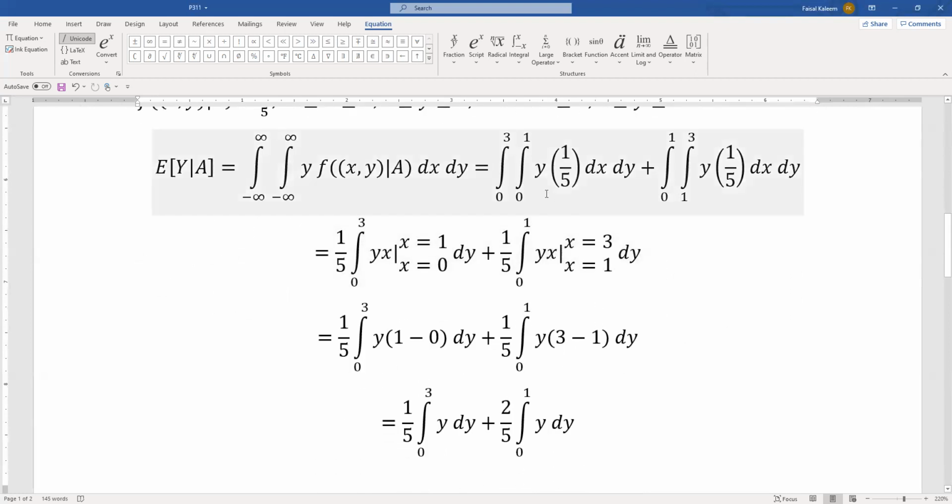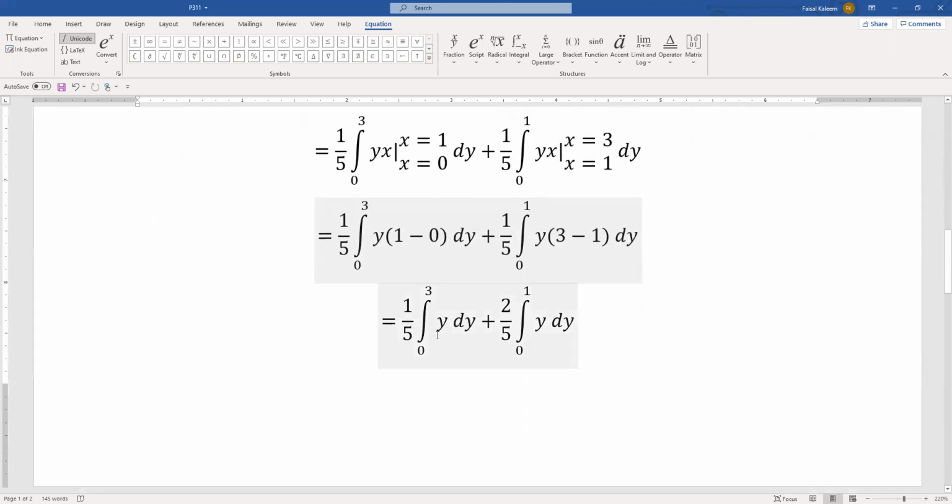When we integrate this, we do it first with respect to x, so 1/5 can be pulled out, and the integral of dx is just x. Y is a constant, so y times x, with x from 0 to 1. Similarly here, x between 1 and 3. So you substitute the limits: 1 minus 0, and here it's 3 minus 1, upper minus lower.